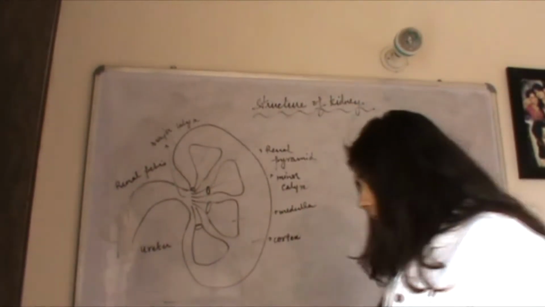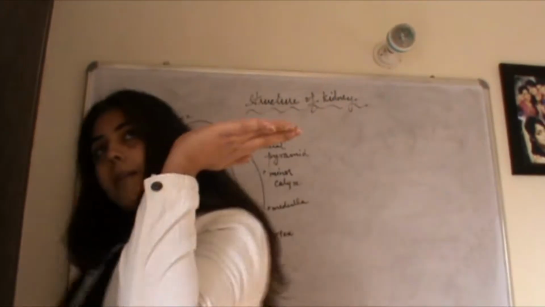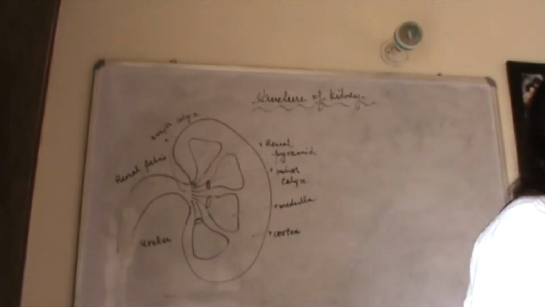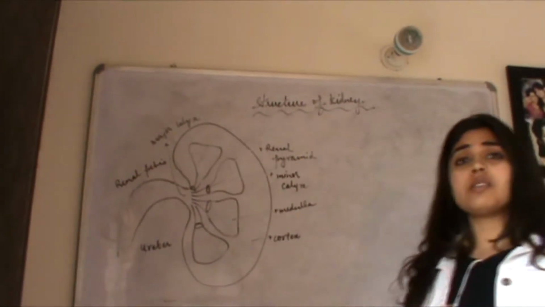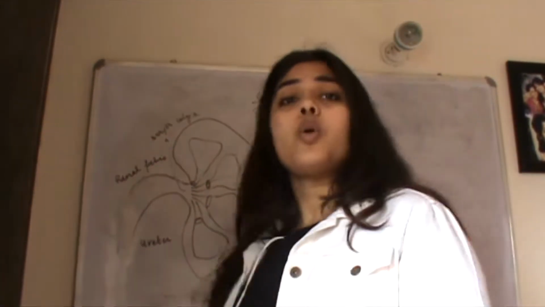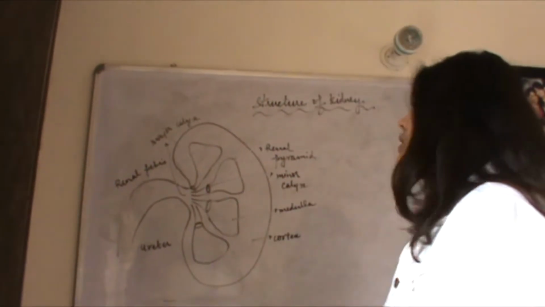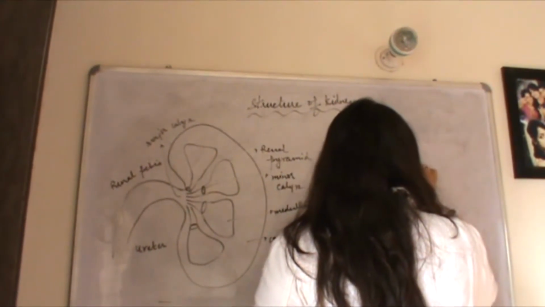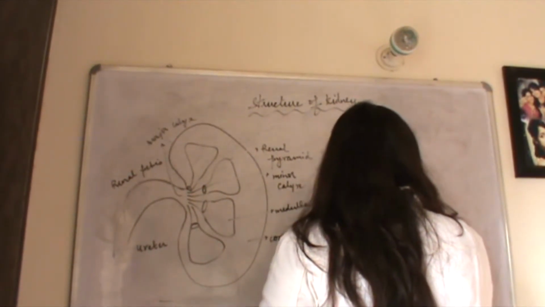So now in this video, we will be studying the internal structure of the kidney, and how it is designed so that the process can effectively take place inside your body. First of all, let us study a hormone called the ADH hormone.